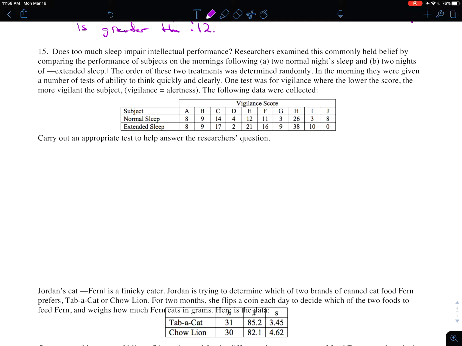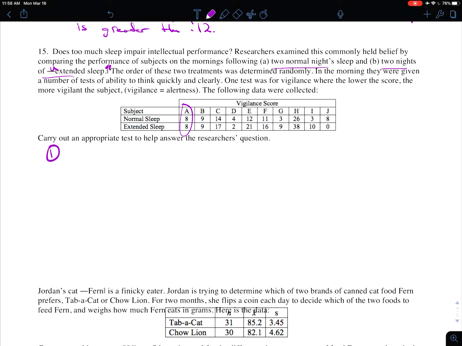Question 15 didn't give us a ton of space to carry out this test. That's okay, we'll tuck it in. Let's see. Researchers explained a commonly held belief between a normal night's sleep and 2 nights of, quote, extended sleep. We have subjects, and they are getting normal and extended sleep.